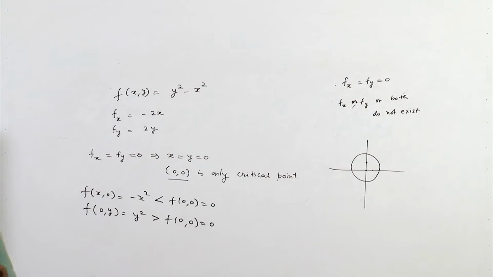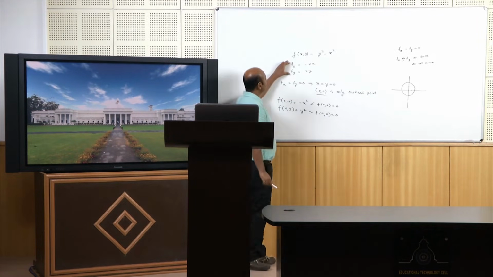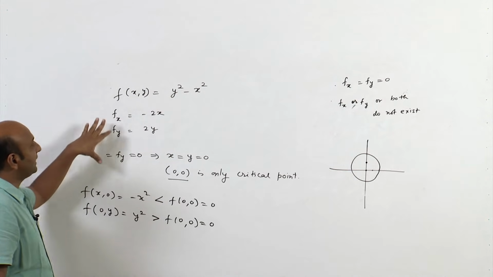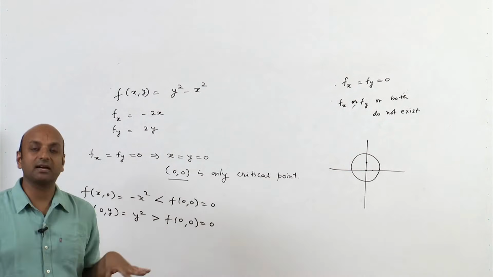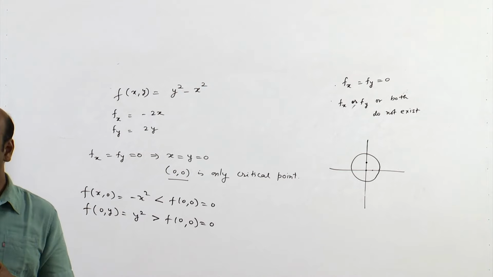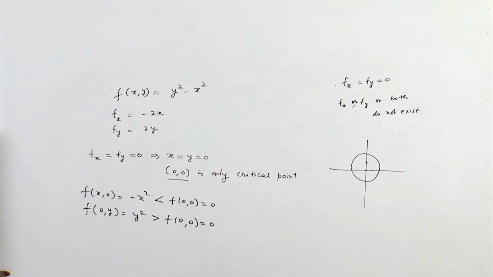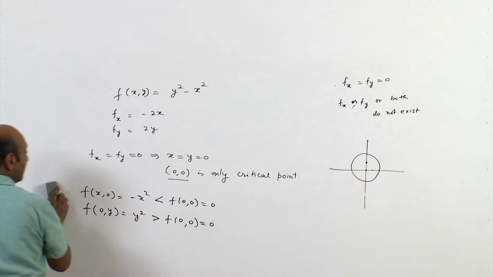Now, after finding the critical points, how can we check whether a point is a point of local maxima, local minima or saddle point? So, what is the second derivative test for two variable functions?